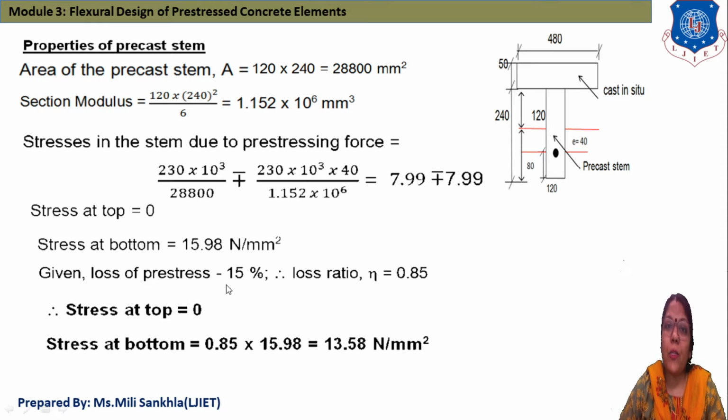Now loss of pre-stress 15% is given, so here we find out efficiency, that is equal to 0.85. 100 minus 15 is equal to 85, and efficiency is always found with respect to percentage, so 0.85. Now stress at top is equal to 0 and stress at bottom is equal to 0.85 into 15.98, that is 13.58 Newton per mm square. This one is due to the pre-stressing force.